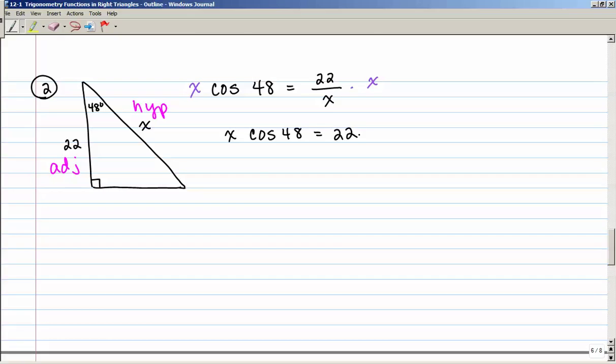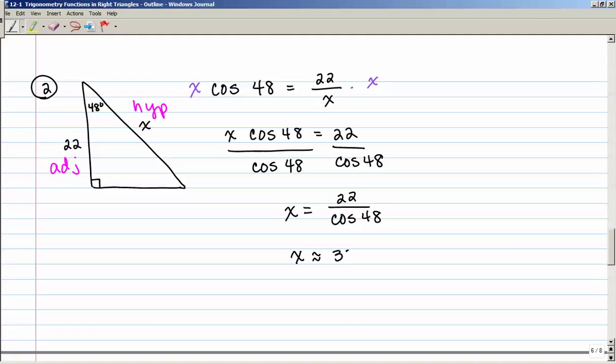And now I want to divide both sides not by 48 but by the whole cosine of 48. So x is equal to 22 over cosine 48, and grab your calculator, punch that in. X is approximately equal to 32.9 units.